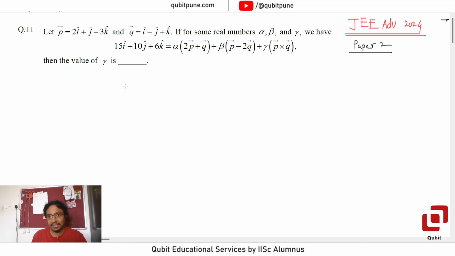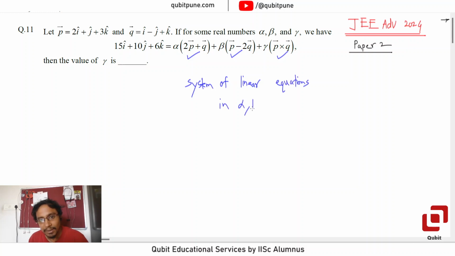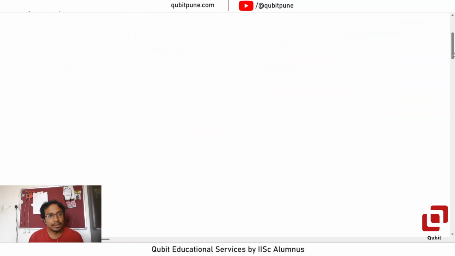Will you be able to solve this? I don't see anything difficult here. You will find the cross product, and after that you will get a system of linear equations in alpha, beta and gamma. So question 11 is done.